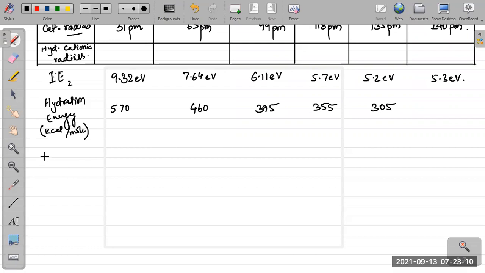Then we have flame color. There is no color for beryllium and magnesium. We don't get any color.